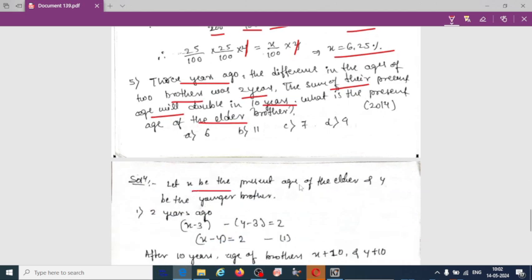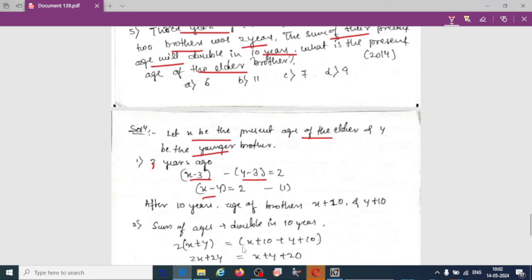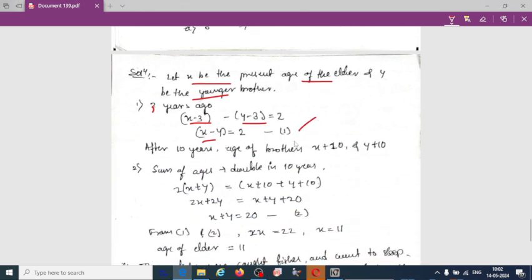So let x be the present age of the elder and y be the younger brother. 3 years ago we have to consider. 3 years ago, the difference in their ages was 2. So x minus 3 minus y minus 3 equals 2. If we simplify, x minus y equals 2. Let us consider this equation 1.